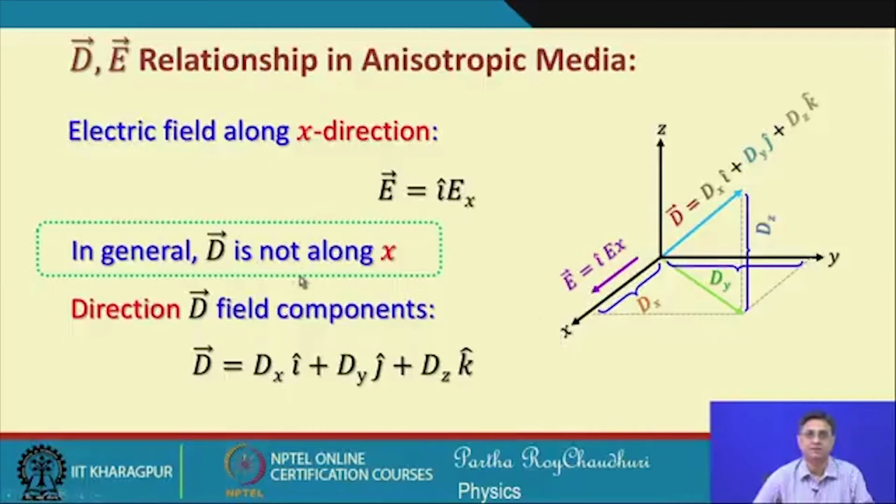In that case, in general D is not along the x axis, it will be somewhere different from the x axis, and this D vector will be represented by D equals d x i, d y j and d z k. So, that means there will be 3 components excited because of this incident electric field, which are in general not along the x axis.